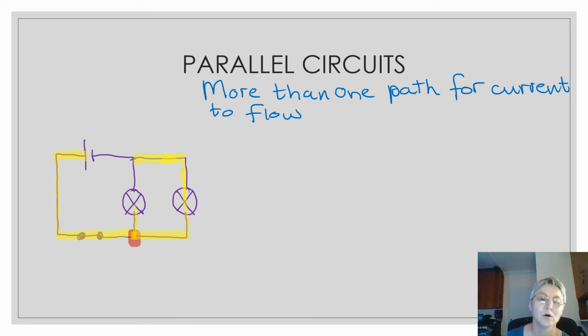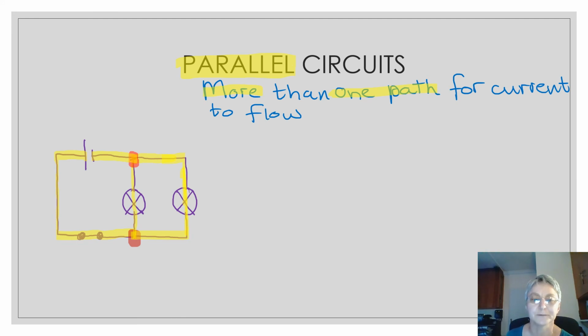You see, there are now two paths that the current can flow. So it's more than one path. And here, the current gets back together again so that it can flow to the battery. So this is called a parallel circuit, because there is more than one path for the current to flow.